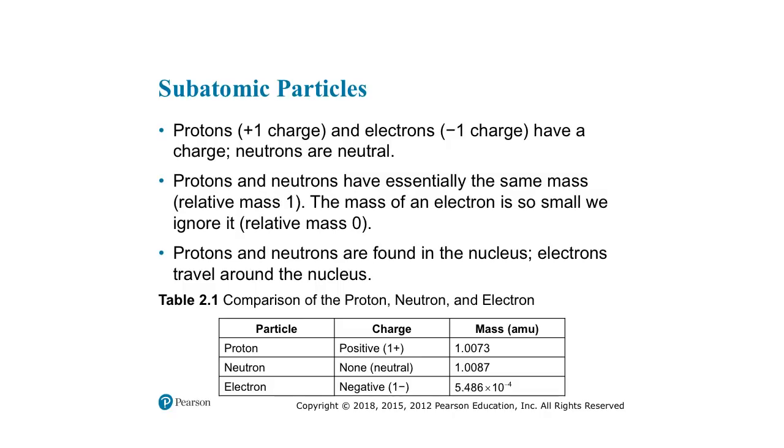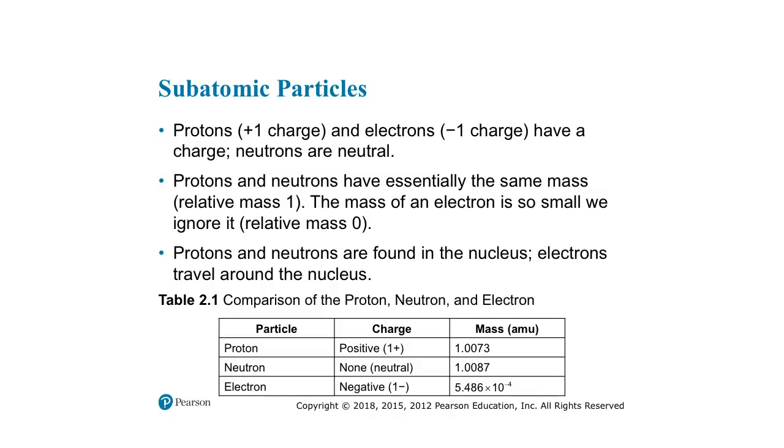So now let's get into the subatomic particles. Protons have a +1 charge, and electrons have a -1 charge, meaning that they are equal and opposite, equal in magnitude, opposite in their charge. And neutrons are exactly neutral. Protons and neutrons have essentially the same mass.